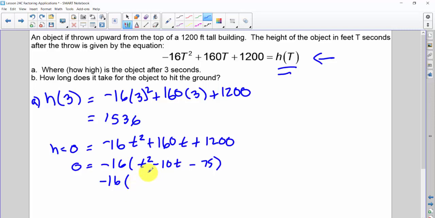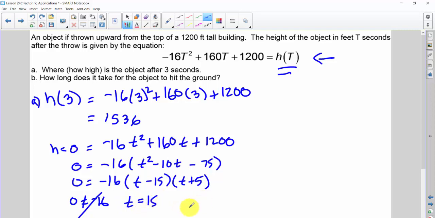Not too bad. That's t minus 15 and t plus 5 equals 0. 0 can't equal negative 16, so I just cross that off. t should equal 15, or t should equal negative 5. Can't have a negative time, so we've got 15 seconds for it to hit the ground.